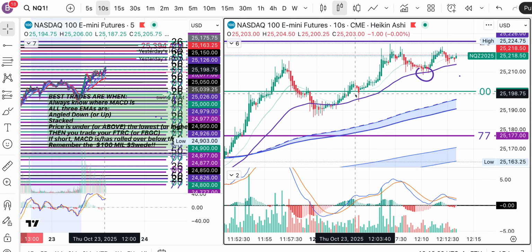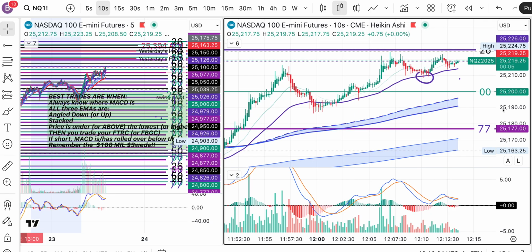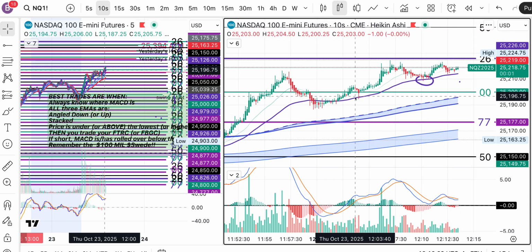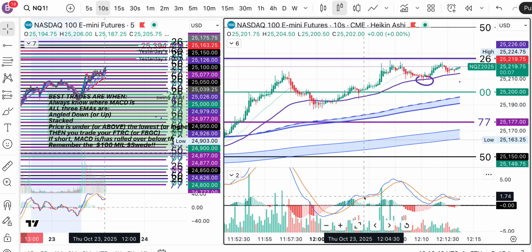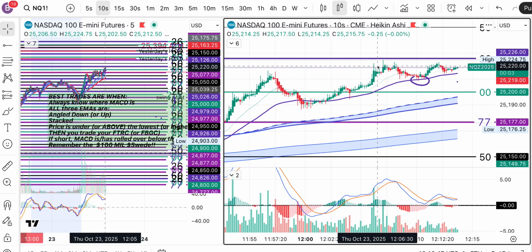On this one, we had MACD above the zero line. We had stacked EMAs. We had price above the top one, and we had a back test to it. So there was a setup right there, and the EMAs were pointing up. Blue line was above the orange line, so that one was good. That one worked out really well, like a 25-pointer.